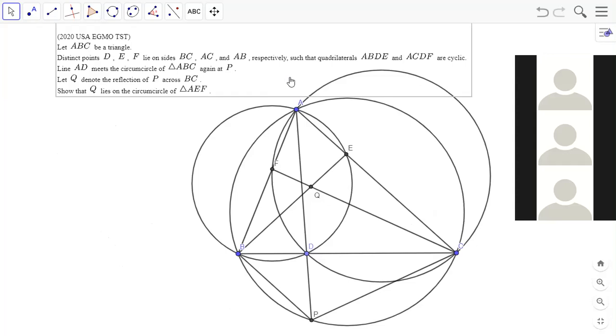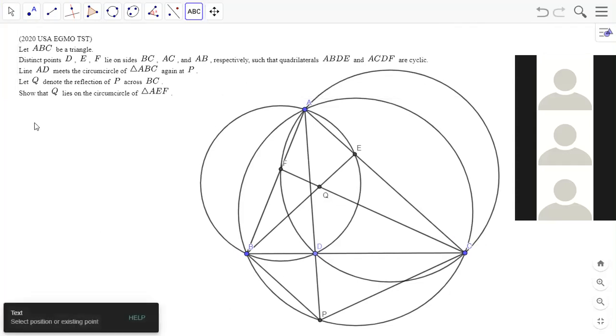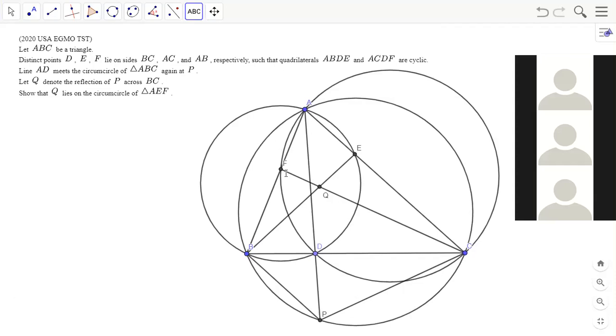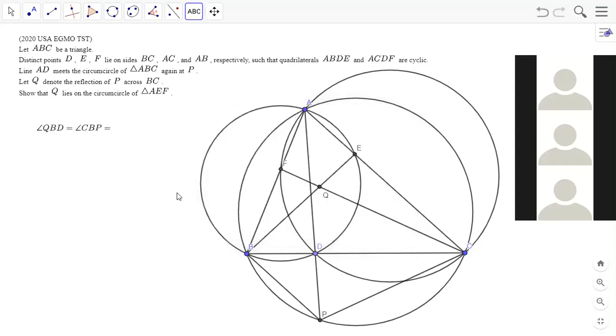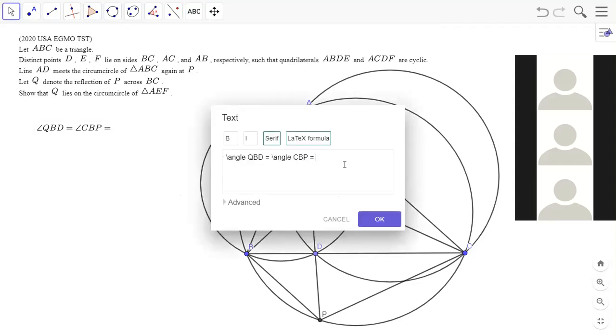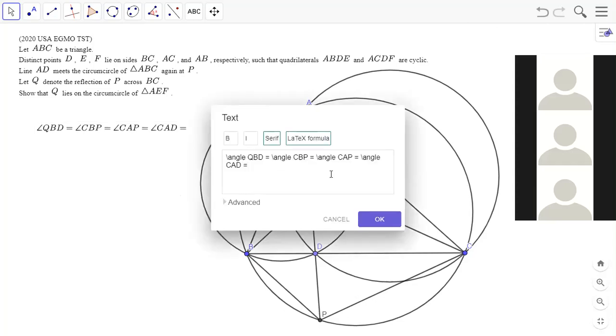So yeah, I don't think you need a spiral similarity, do you? Or maybe the angle chase is the same as a spiral similarity, right? But yeah, I think I got the same thing that you did. So angle QBD is angle CBP is angle CAP, which is CAD, which is angle CFD, which is QFD.